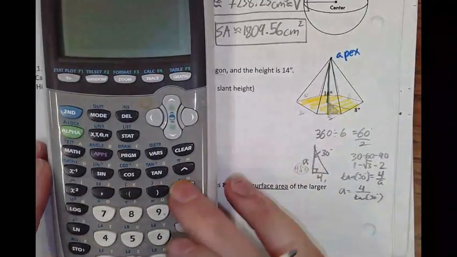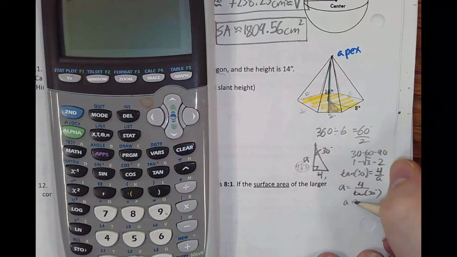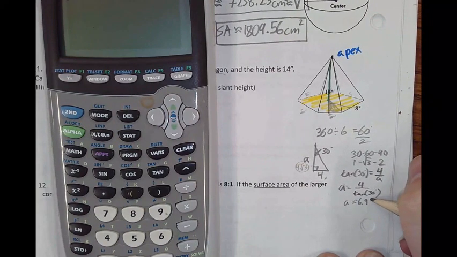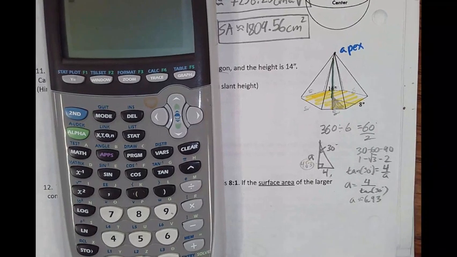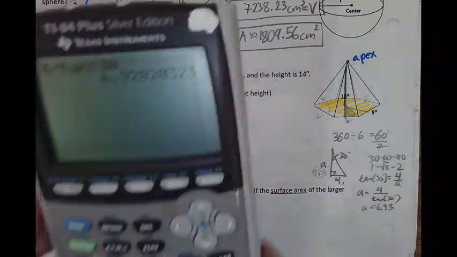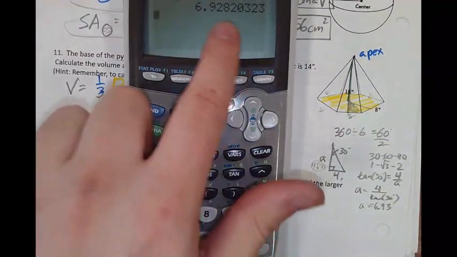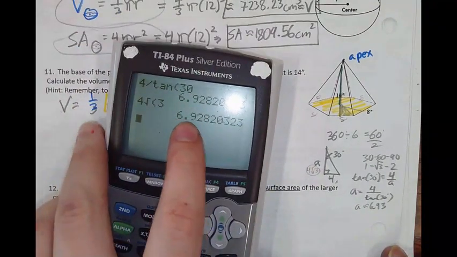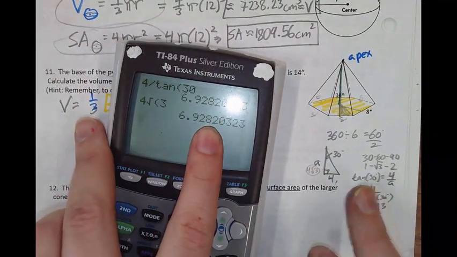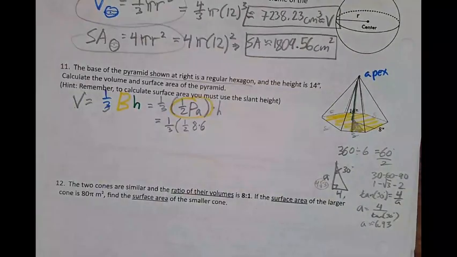Four divided by the tangent of 30 is 6.9282, so 6.93 about. And also, you can check 4 times √3 would give you the same answer. So either of those methods to find the apothem would give you 6.93 about.